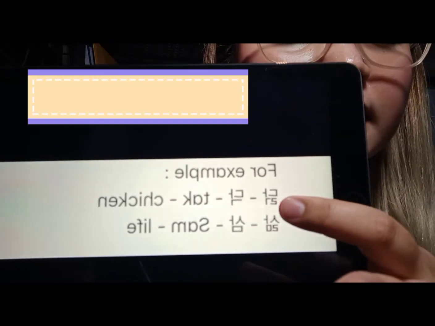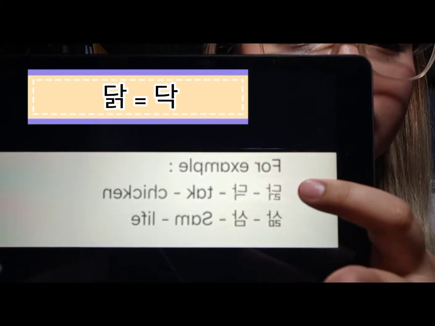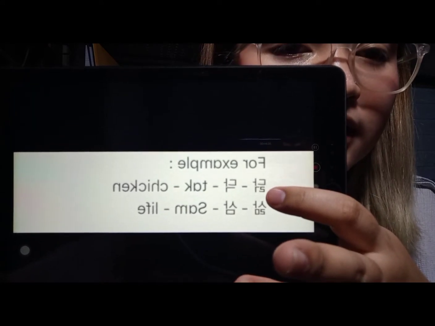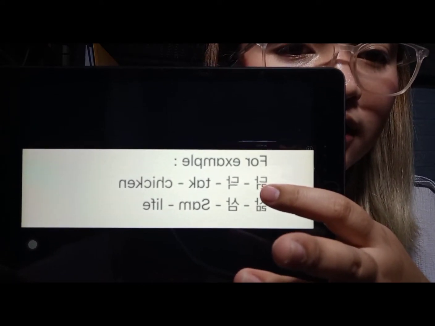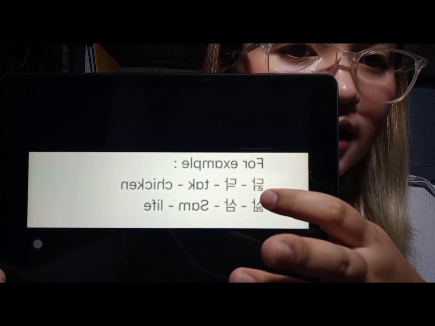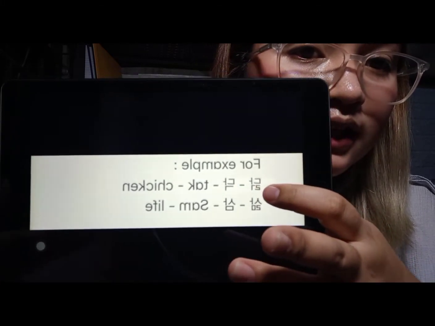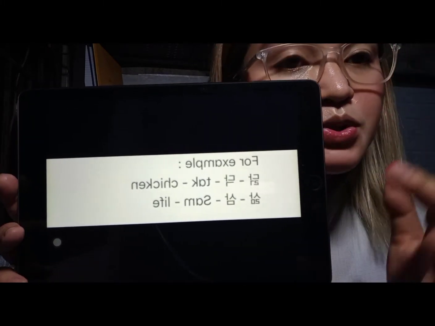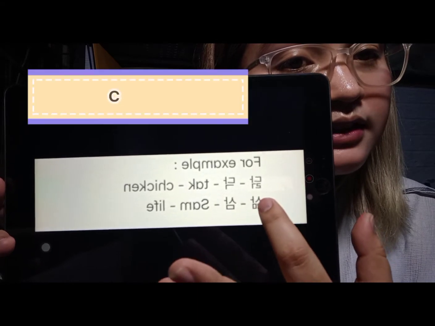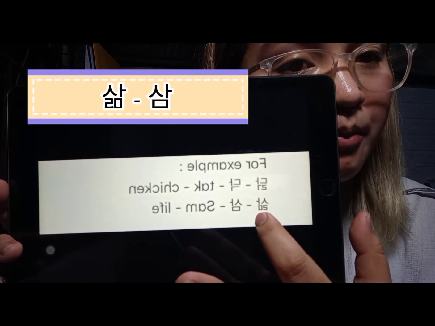For example, tak, tak, tak, ayan. Lil Kiyok. Pero yung Kiyok, itong tatlo na to, bali yung binasa. Tapos yung Lil ang naging silent letter. So, tak, tak, sam, sam.